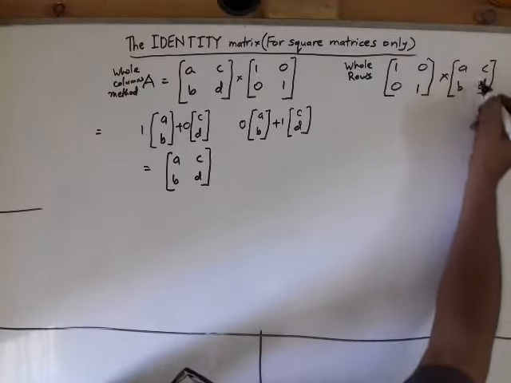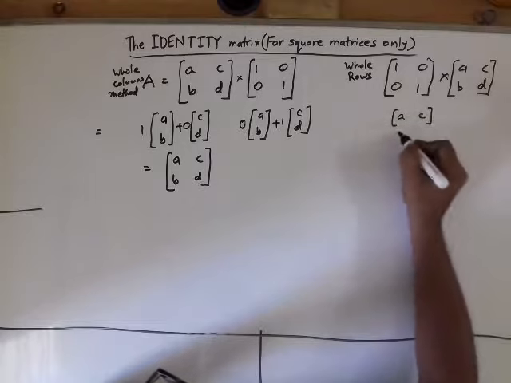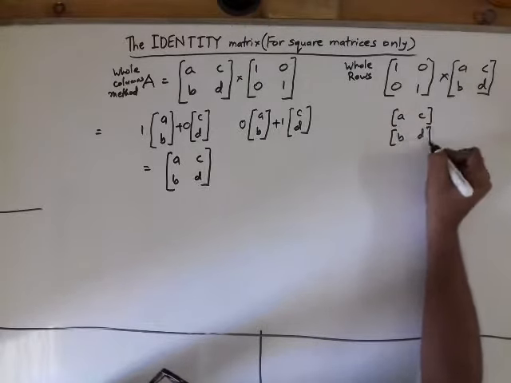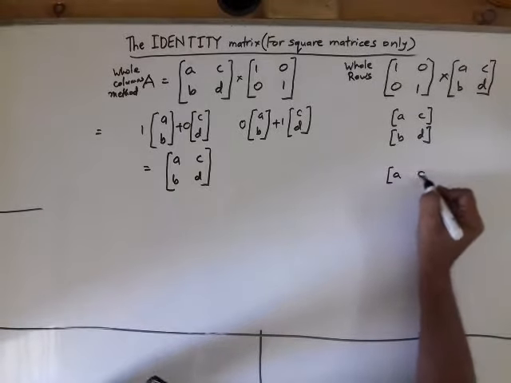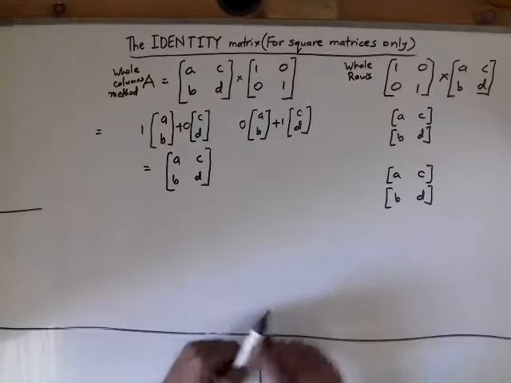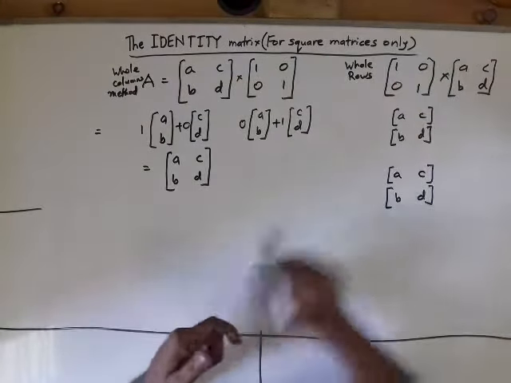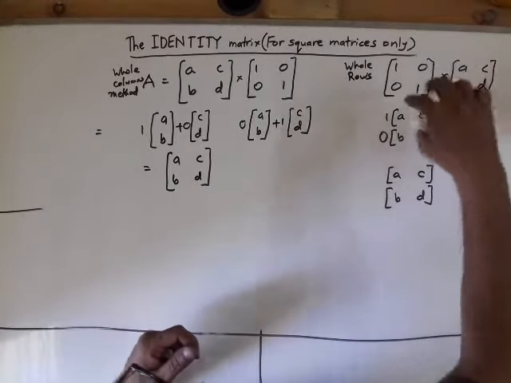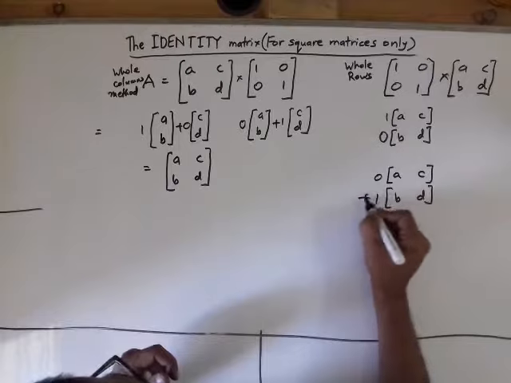So I take the rows of this matrix, AC, BD, and I write them as many times as the number of rows here. AC, BD. And what do we do now? We take this row and twist it around to make it vertical, 1, 0. And then we take this row and do the same thing, twist it around to make it vertical.